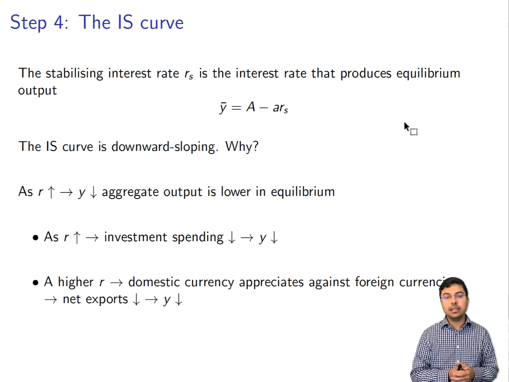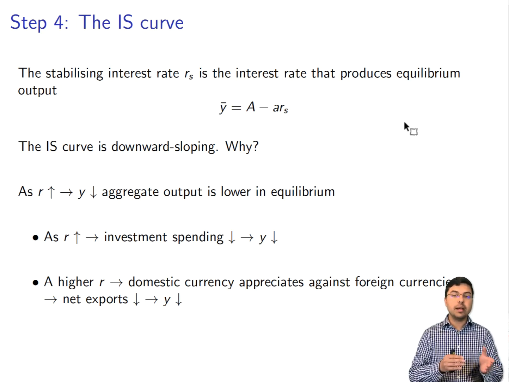As we shall see in the next slide, the IS curve is a downward sloping curve in the interest rate output space. And why is the IS curve downward sloping? Well, the IS curve is downward sloping because as the real interest rate increases, the aggregate output is lower in equilibrium.